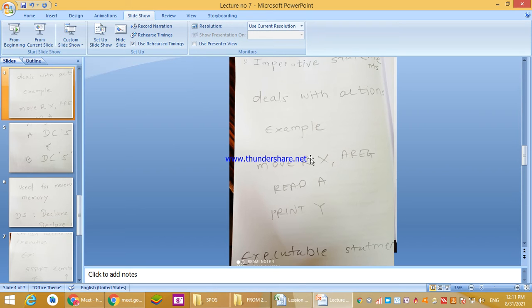The entity on which the operation is done is called the operand. So: mnemonics, operands, and last comments. And if a label is there, then we can write the label over here. So labels, mnemonics, operands, and last comments. This is the actual writing of assembly programming.